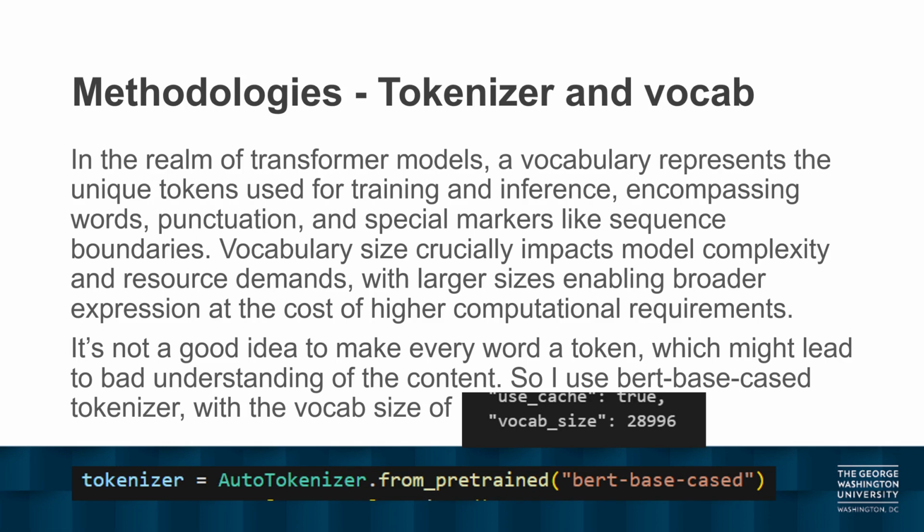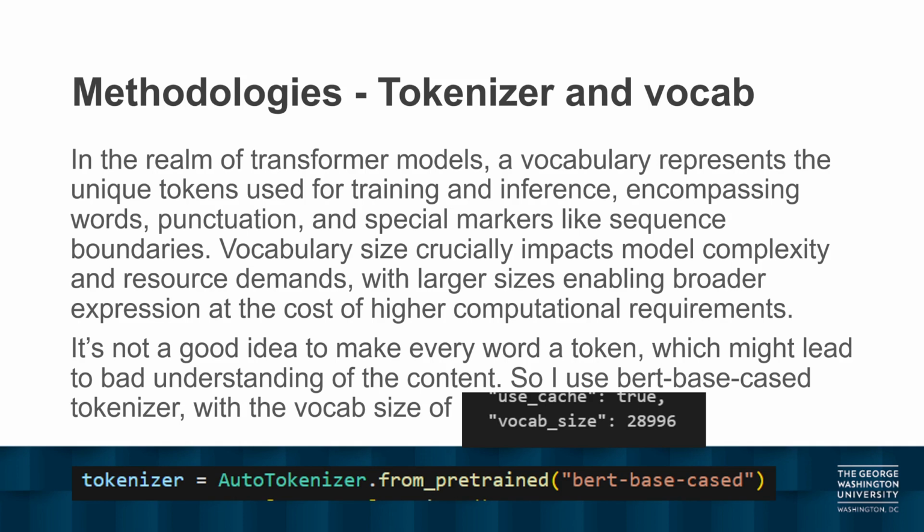Regarding the tokenizer and vocab in the transformer, vocabulary represents the unique tokens used for training and inference, encompassing words, punctuation, and special markers like sequence boundaries. Vocabulary size crucially impacts model complexity and resource demands, with large sizes enabling broader expression at the cost of higher computational requirements.